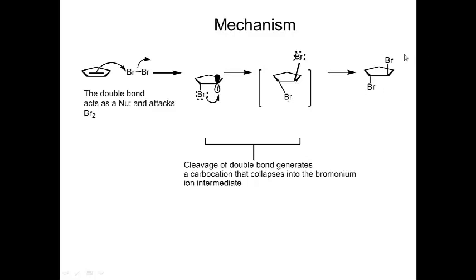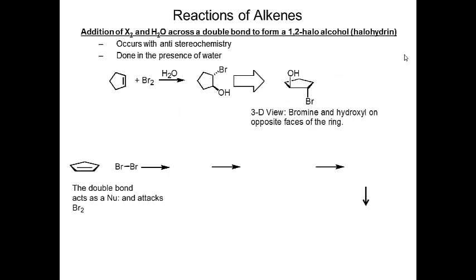A second reaction that involves bromine and a double bond is here, where we have the same alkene, and we treat this with bromine, but we do the reaction in water. This is called a halohydrin formation, right? OH here is the hydro part, and here is the halo part, so halohydrin, right?